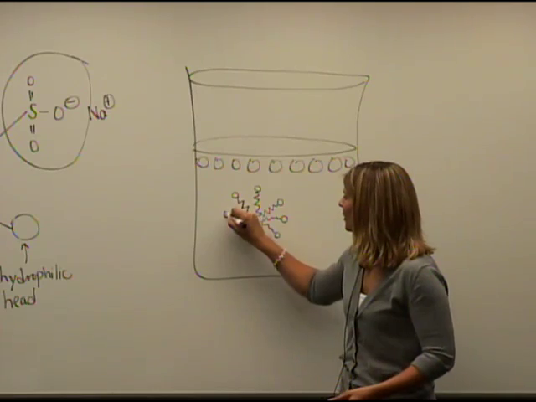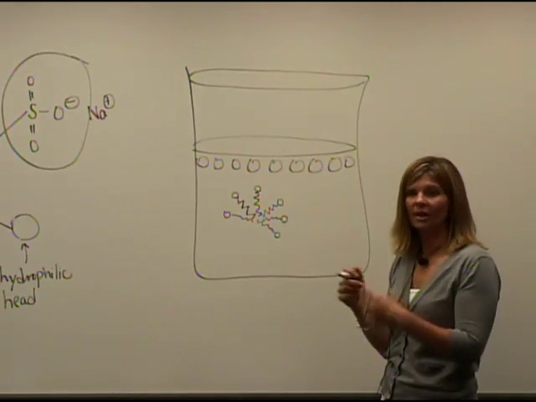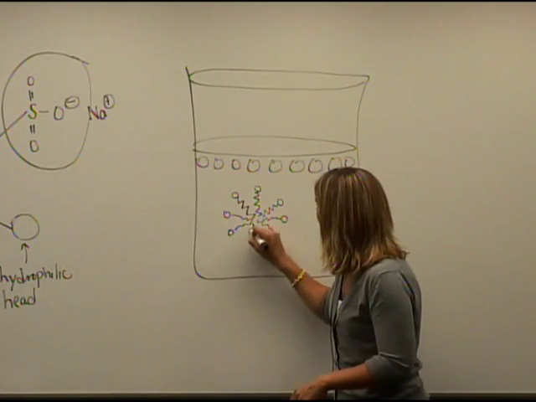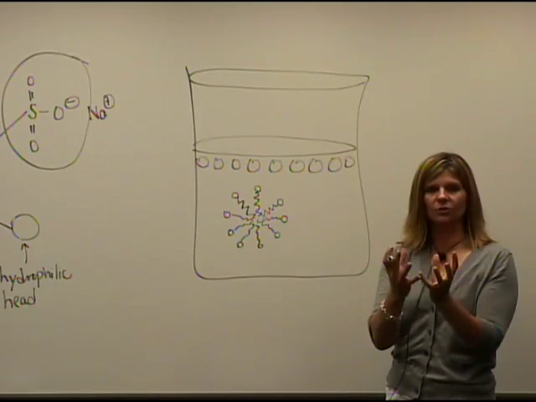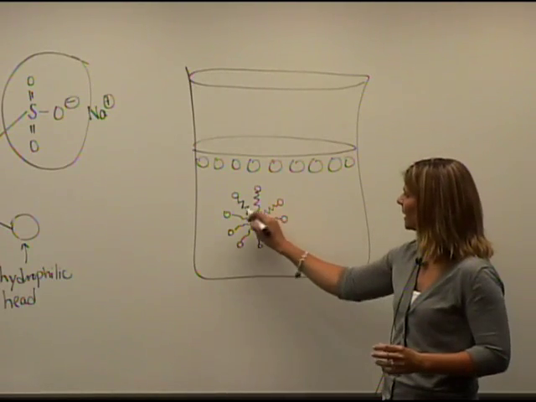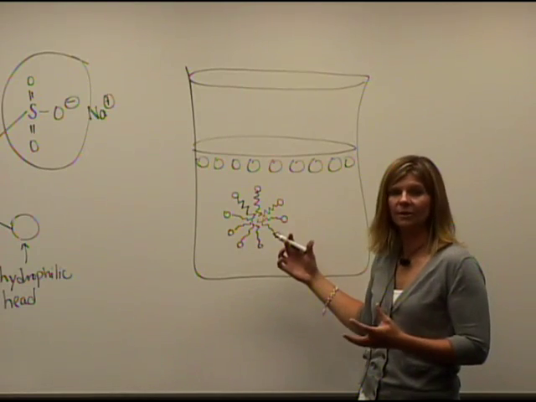So they like one another. They all have similar intermolecular attractions, so they all bunch together and form kind of these little spheres. So they're surrounding these hydrophobic tails with the ends of the molecules that really like to interact with water.